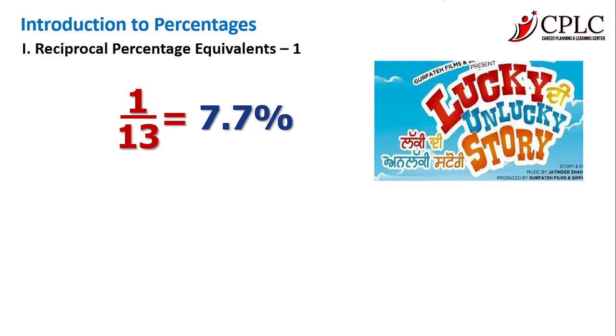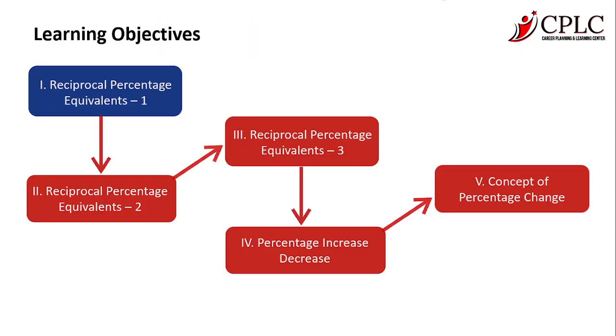Then, moving on, the next group has three numbers in it, which are 1 by 17, 1 by 18, and 1 by 22. Now, none of them are standard numbers. So what we will have to do is first try and remember them, and there is a specific way to do that. We can start with 1 by 18.